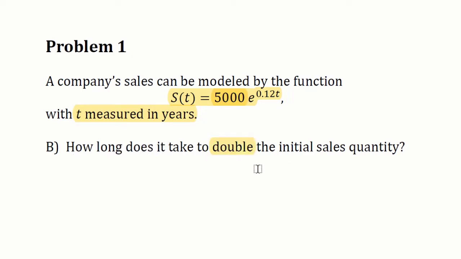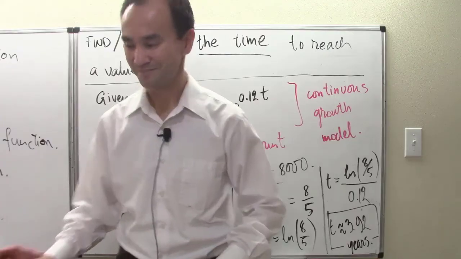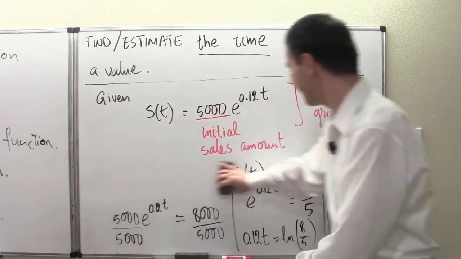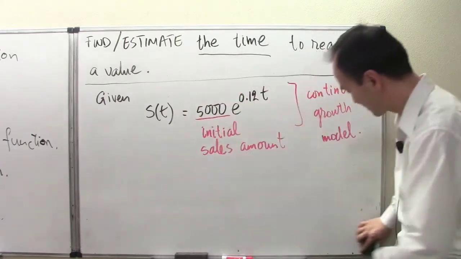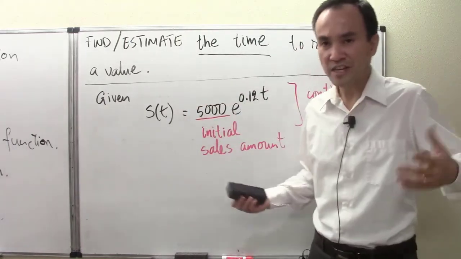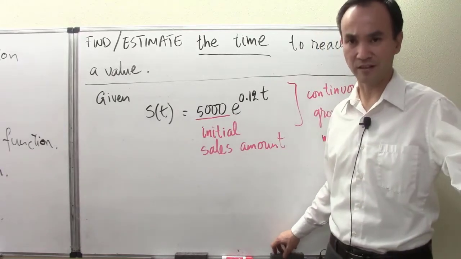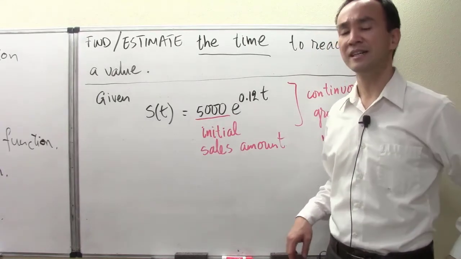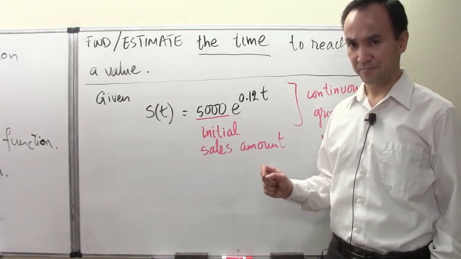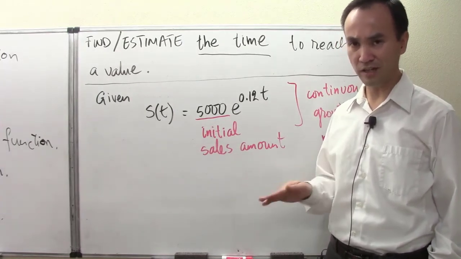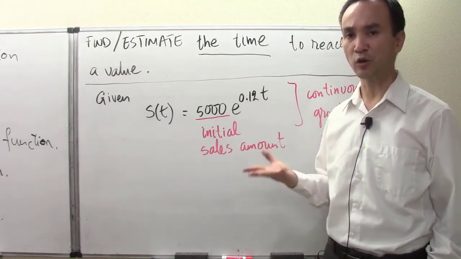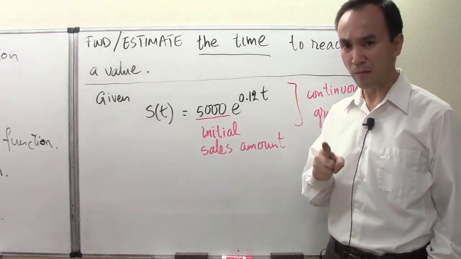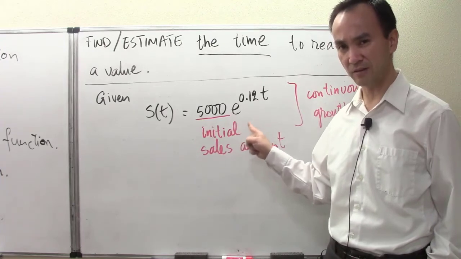This word here is to highlight right there. How long will it take to double the initial sales quantity? The initial sales quantity. So, simply seeing this as a different problem, it has really nothing related to the problem we have done in part A. It's completely independent from the result we found in part A. But both problems draw information out of this equation right here.